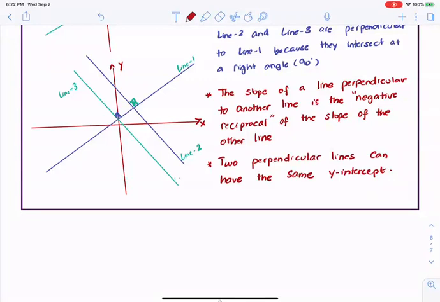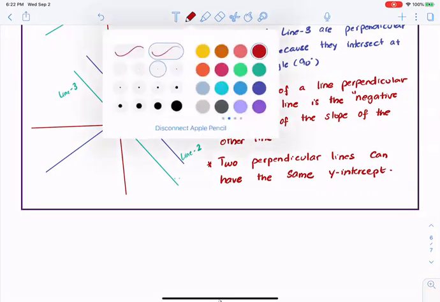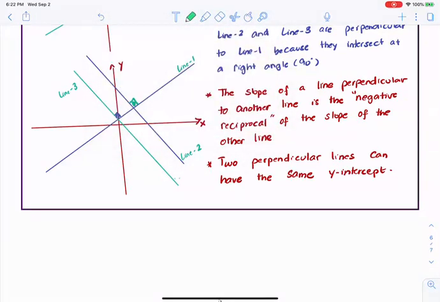Two perpendicular lines can have the same y-intercept. A clear example is the intersection of line 3 and line 1, right there. That has the same y-intercept. So two parallel lines could never have the same y-intercept. Two perpendicular lines may or may not have the same y-intercept. So if you look at line 2, it has a different y-intercept, which is right over here.